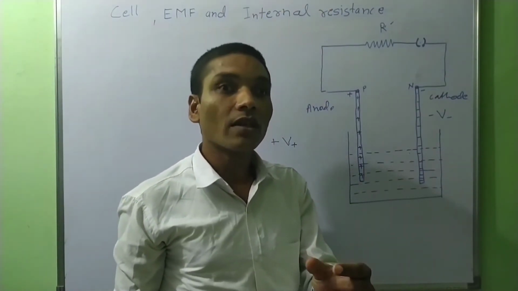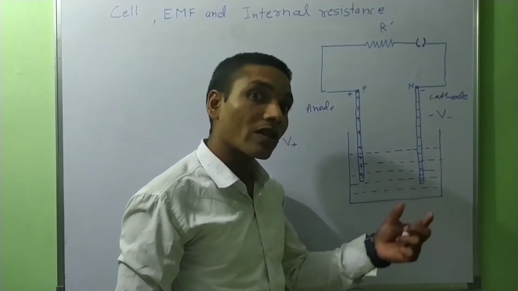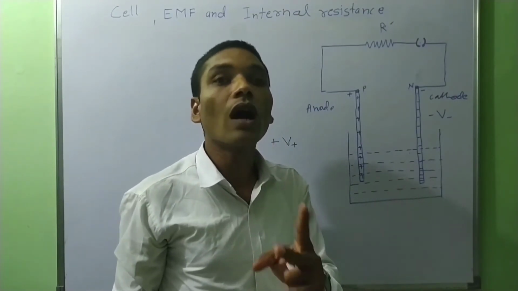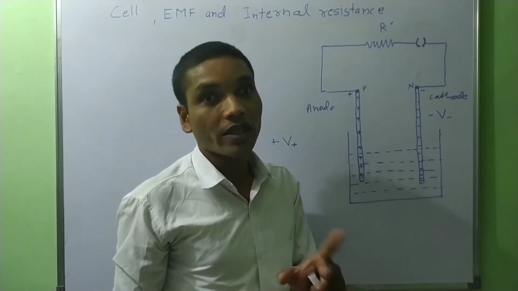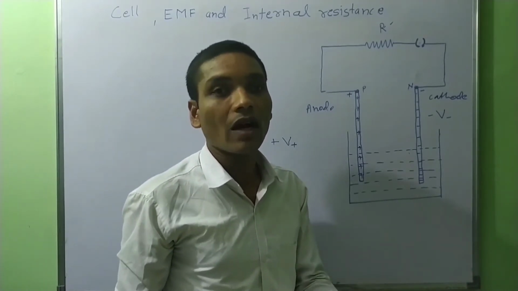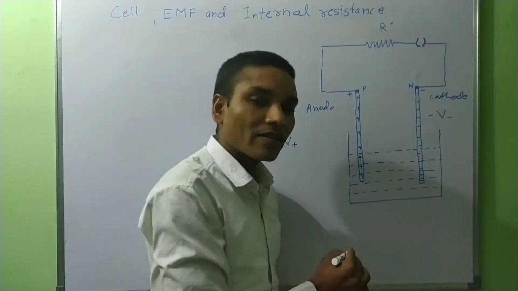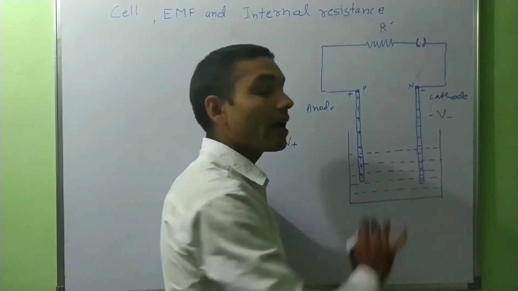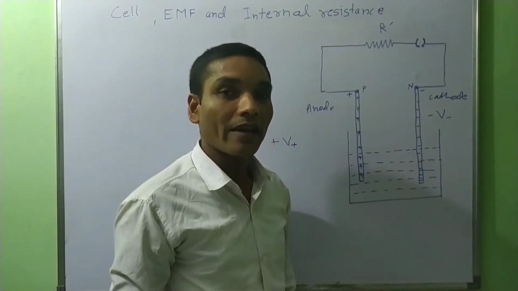The molecules of electrolyte dissociate into two ions, positive ions and negative ions. Positive ions are called anion, and negative ions are called cation.